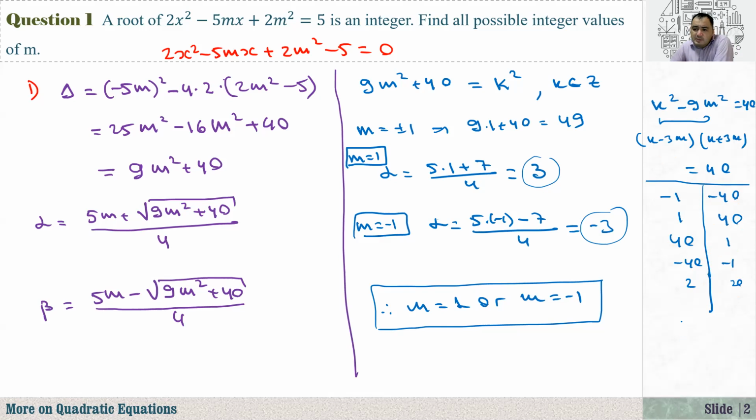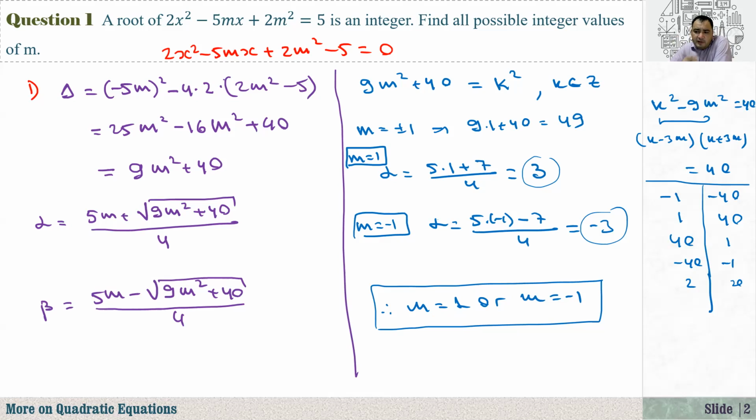We can make a list, and when you check this, the only case that works is when m is equal to 1 and m equals -1. Otherwise, we have a system of two linear equations where k minus 3m is equal to a factor of 40, let's say -1. Then k plus 3m should be equal to minus 40.